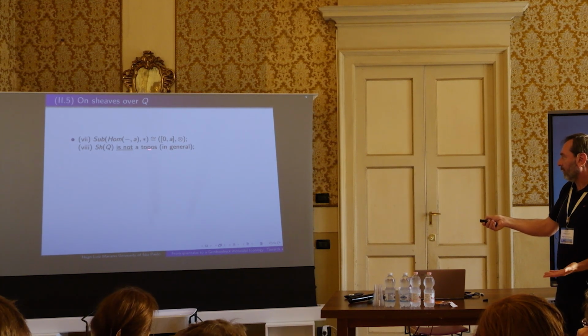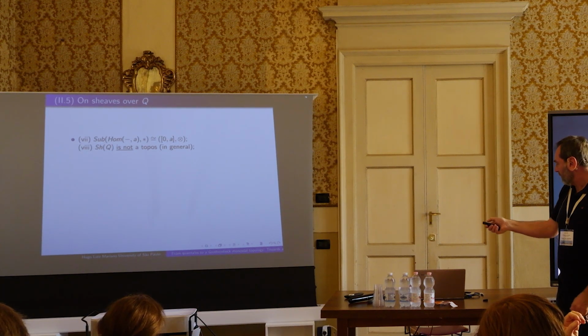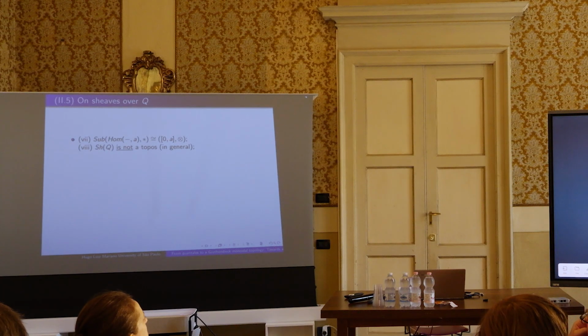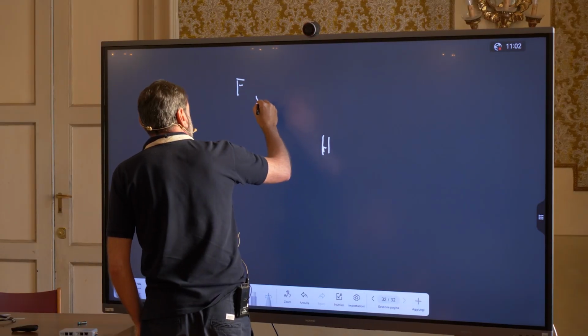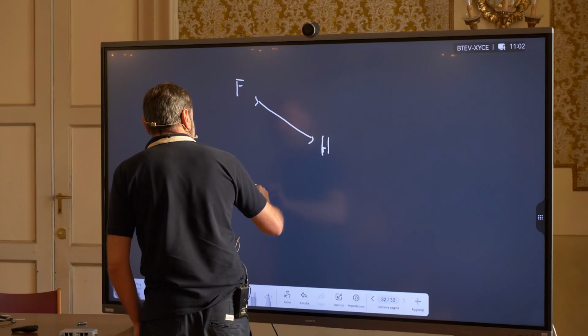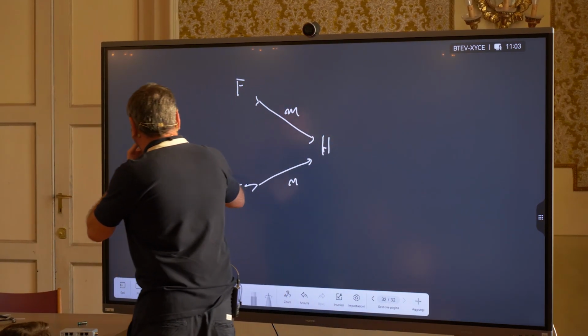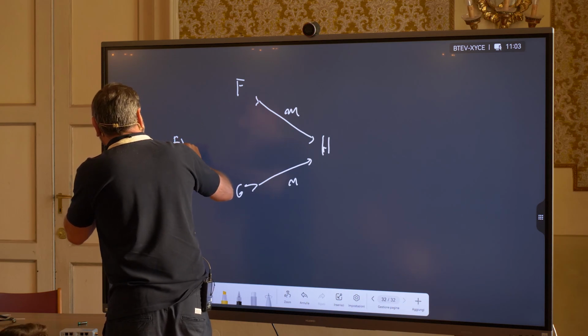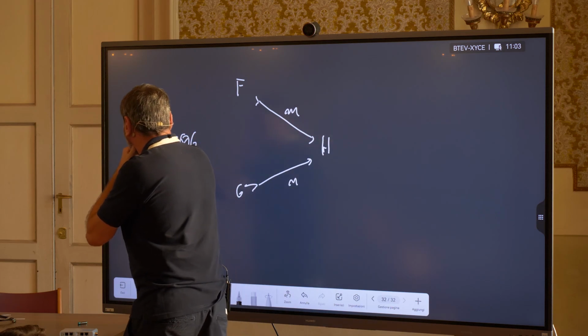This category is not a topos in general, because of this result. Let me explain why this is the case. In general, if we have two monos, F and G, we can consider the tensor product of them.